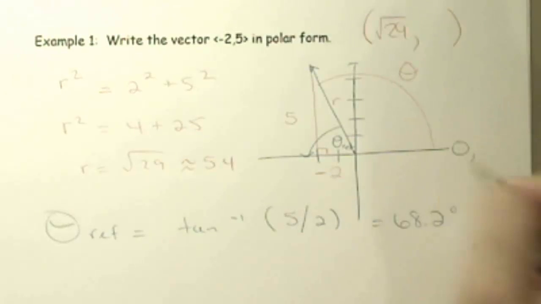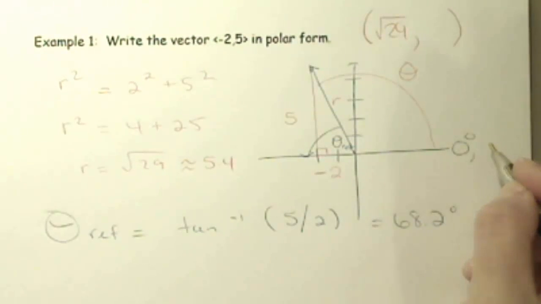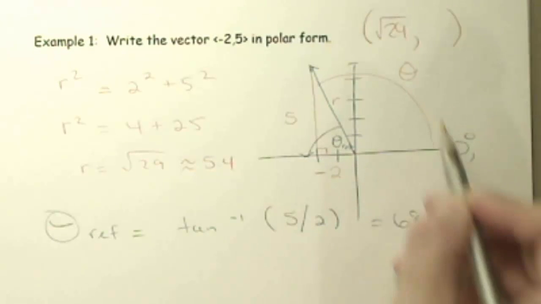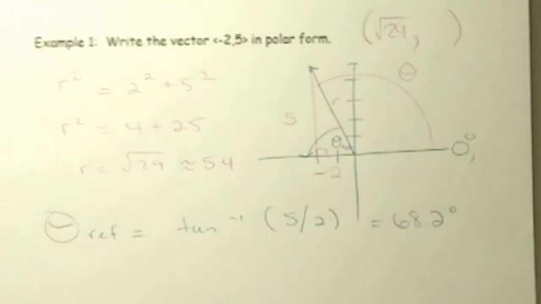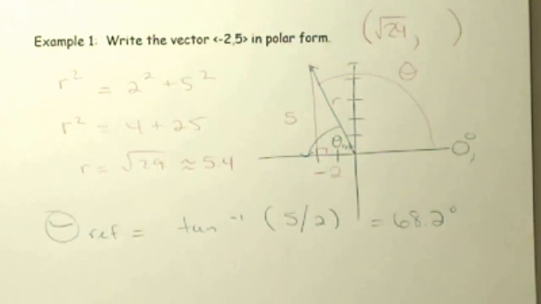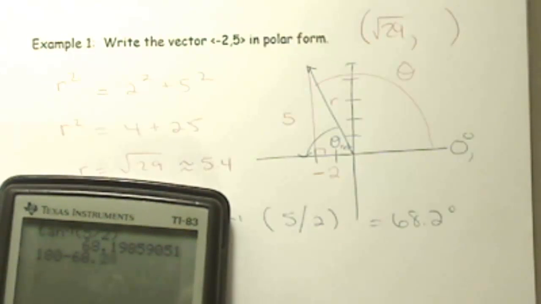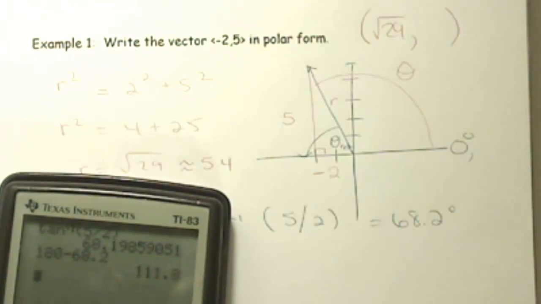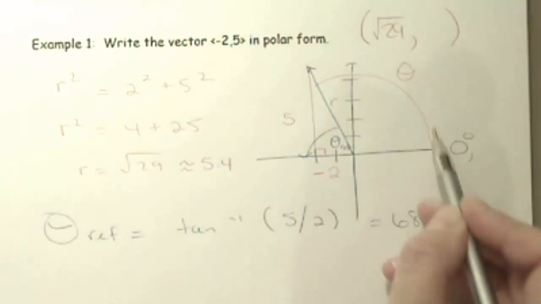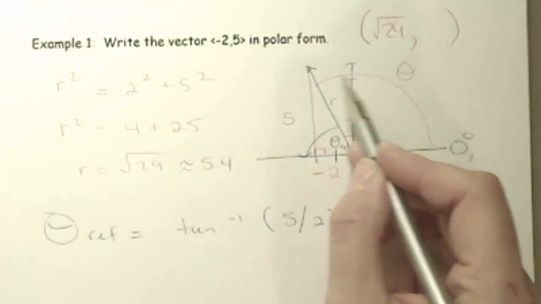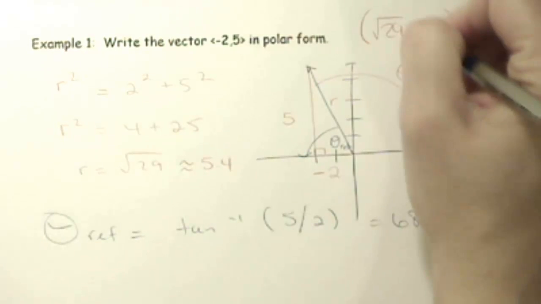If I want the degrees from the positive x-axis, which is 0, I will say, okay, well, all the way around is 180, so I'll subtract my 68.2 degrees and see what's left. So that means our vector terminates at 111.8 degrees from the positive x-axis, which is more than 90, and a little bit more after that, 111 degrees.